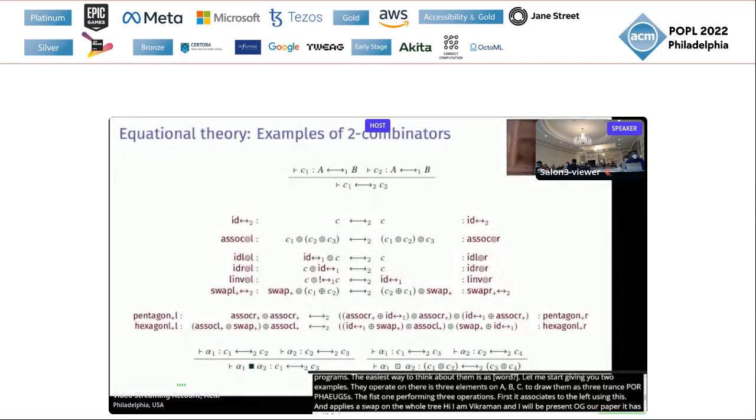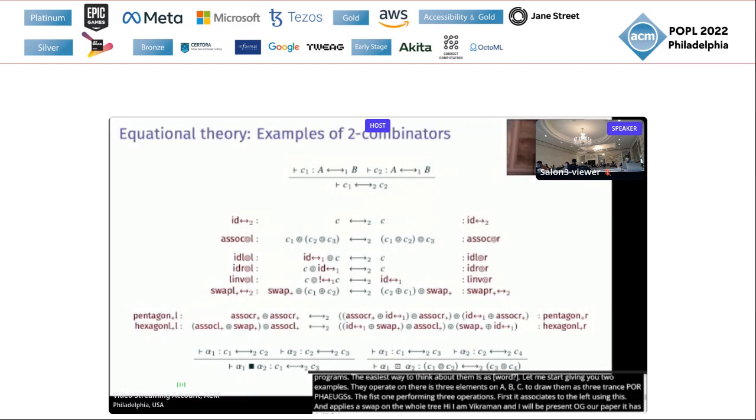So for example, you can compose two combinators, but this composition has to be associative. So you need a coherence condition for the associativity of composition. You need units for the composition, and then you can invert these combinators. So you need something like groupoid laws, and then you need something like naturality conditions, for example, swap commutes with the type constructors.